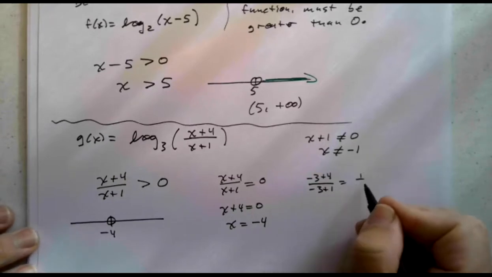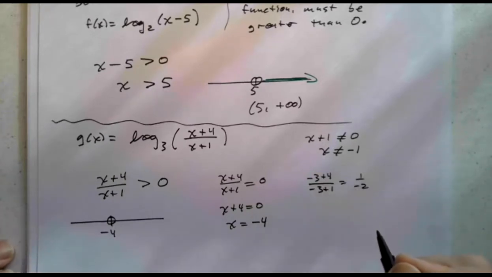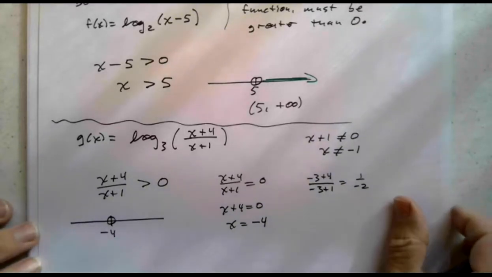We get 1 over negative 2. So that's a problem. So what do we have to do here? How are we going to make sense of this?